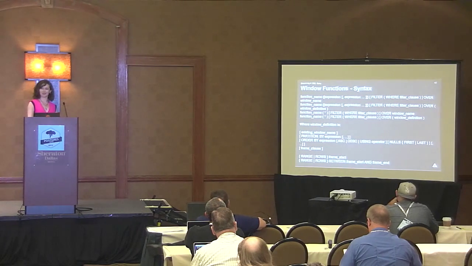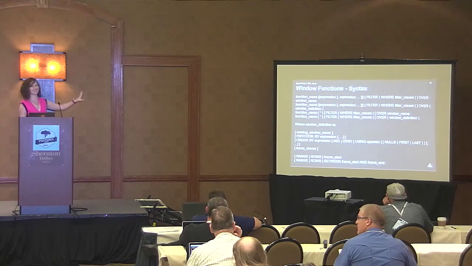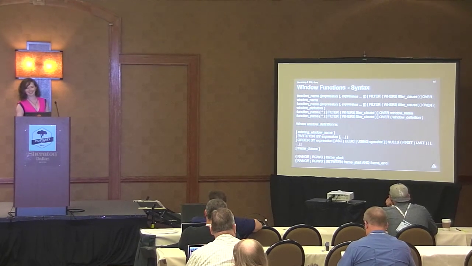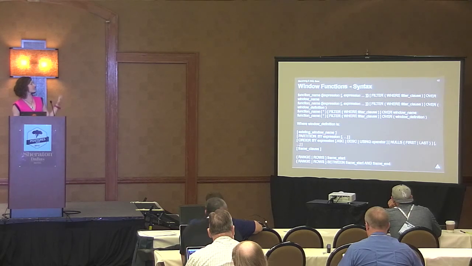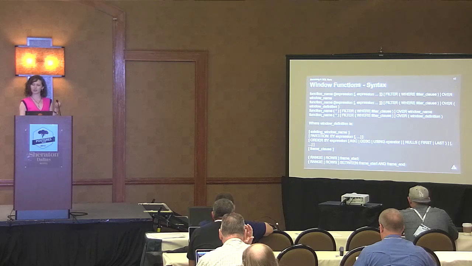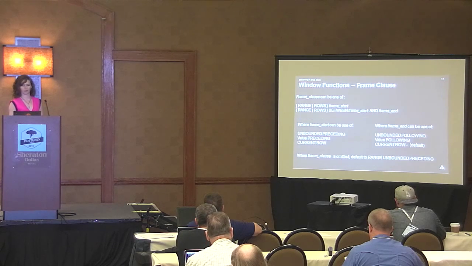Syntax, the fun part. I know, everybody loves this, right? Whenever you go to Postgres documentation, you see this and you go, yeah, I know exactly what that means. On a more simplistic scale, the basic syntax is that you have your window function name, followed by an OVER clause, which acts as the window definition and has an optional frame clause within it.